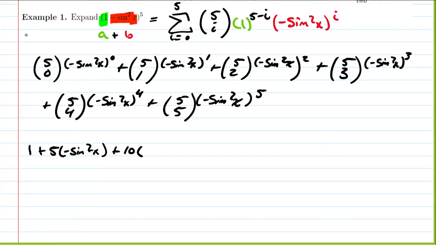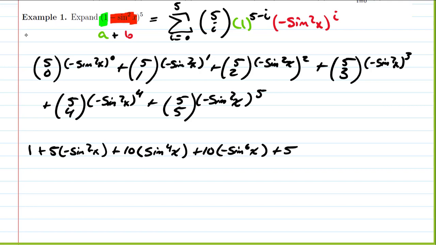So 10 times negative sine squared squared is going to be a negative times a negative is a positive. We're going to get sine to the fourth x plus 5 choose 3 is 10. And then negative sine squared times negative sine squared times negative sine squared is going to be a negative sine to the sixth x plus 5 choose 4 is also 5.